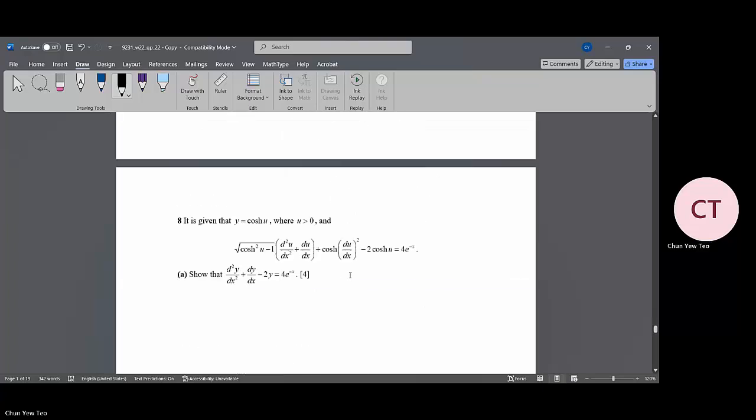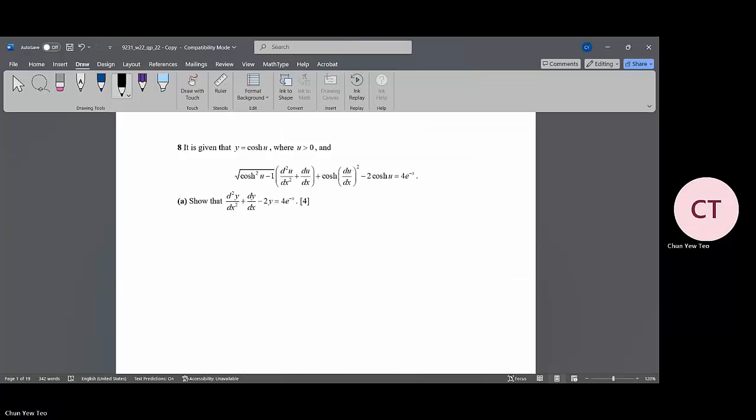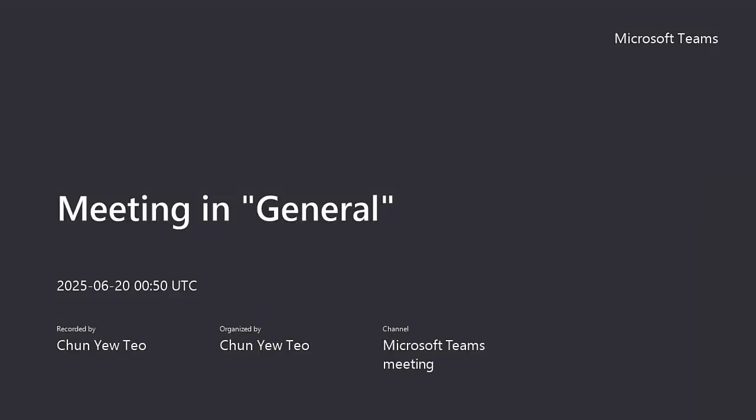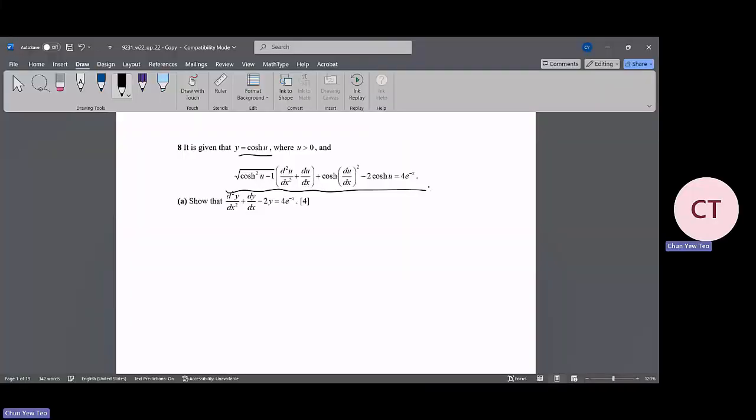Move on. We have question number 8. The cost, and it fulfills this condition. Okay, show that d squared y over dx squared plus dy over dx minus 2y is equal to e to the power negative 4x.